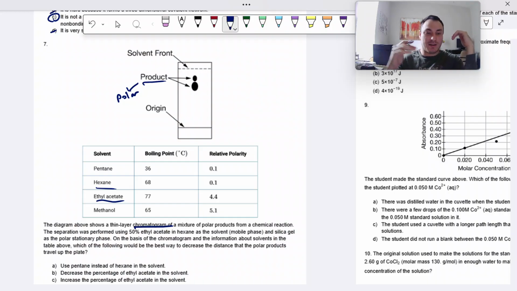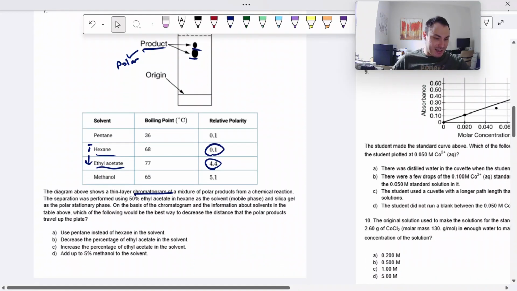So we're given that these two are polar. So in order to decrease the distance they go up the plate, we want our solvent to be nonpolar, which would mean more hexane and less ethyl acetate, because ethyl acetate is polar and hexane is nonpolar.